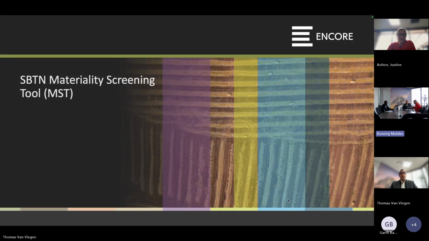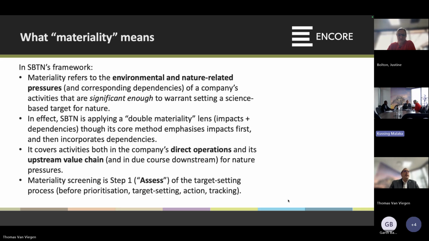Structurally, what we're going to do is look at the tool itself overarchingly, and some of the key fundamentals around materiality and the way that the MST tool considers materiality.